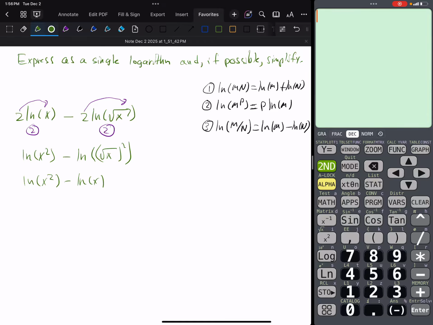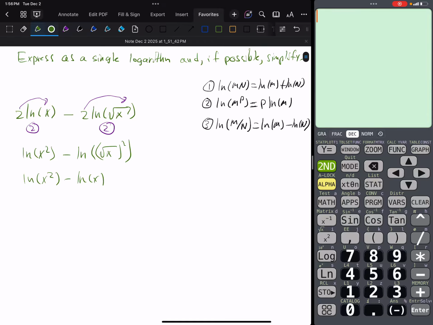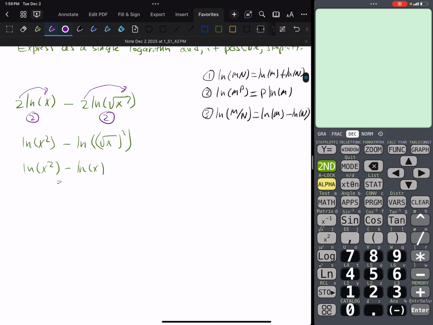Now, that really kind of screams at me rule 3 here, because I have one minus another with the same base. And so I want to use rule 3, not 2. I don't know why I said 3 in row 2. Rule 3 there. And I want to create a ratio with this.